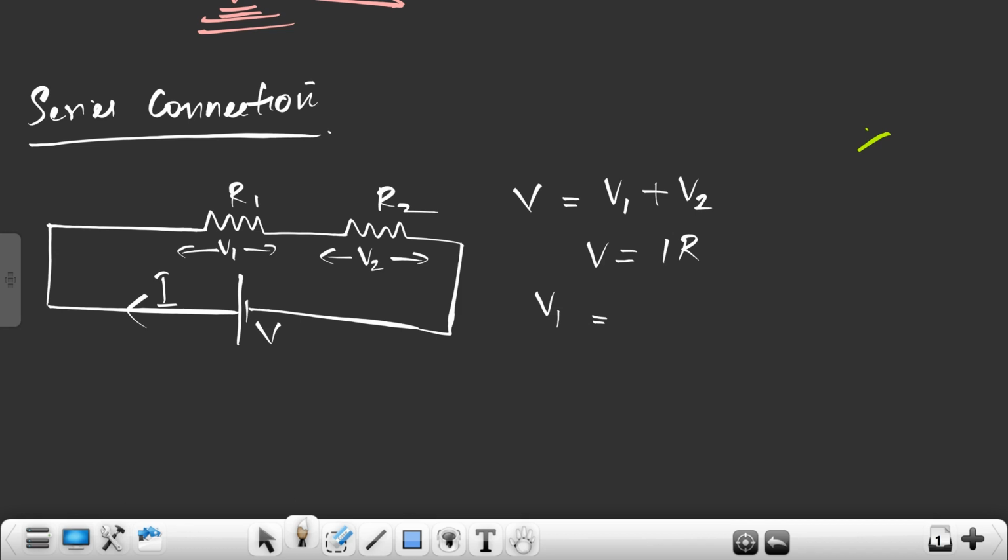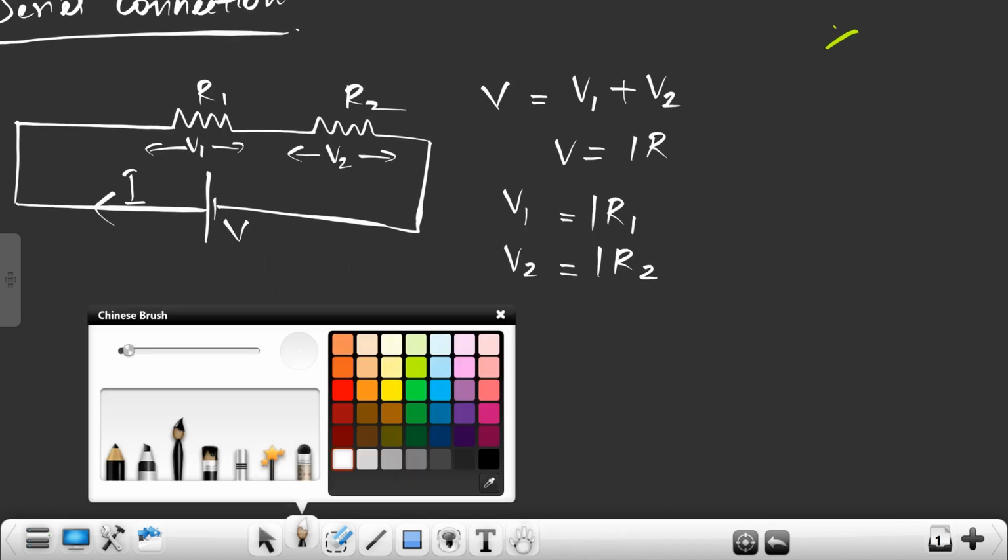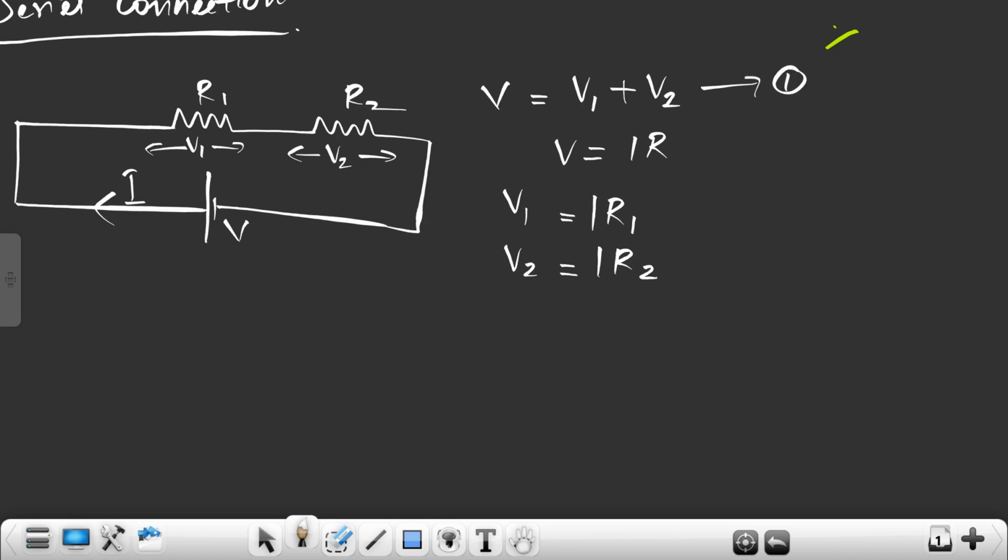Here we know the current I is the same for both the resistors, so the current is I itself. What is the resistance for the V1 potential? It is R1. Then what will be V2? It is IR2, because the resistance corresponding to potential difference V2 is R2. This is our first equation.